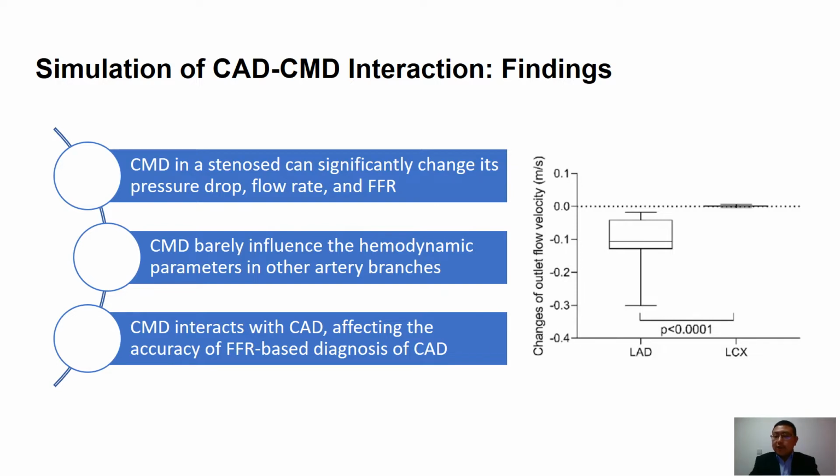As we can see from this picture, we observe a significant decrease in flow velocity when CMD happens in the left anterior descending artery, or LAD in this figure. In contrast, the flow velocity in the other branch, left circumflex artery, or LCX in the figure, is not affected.